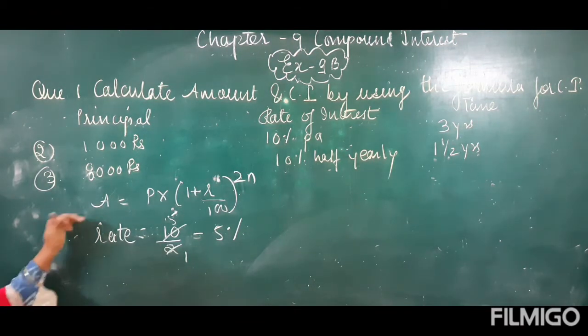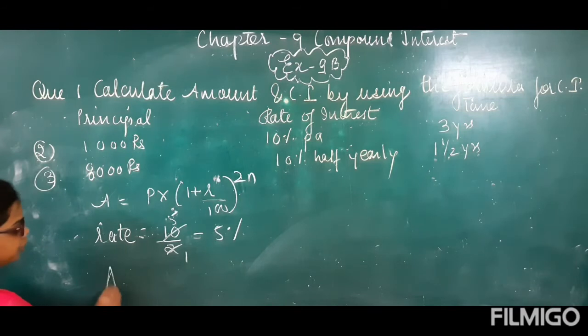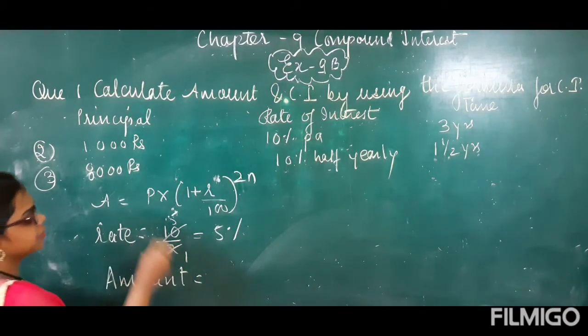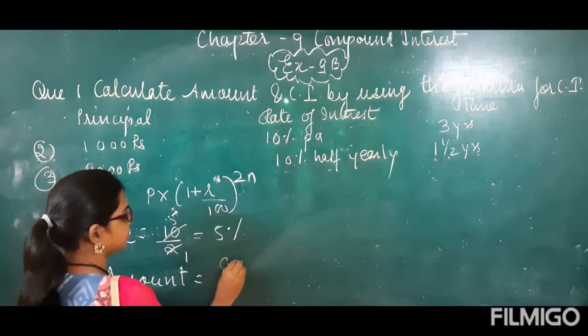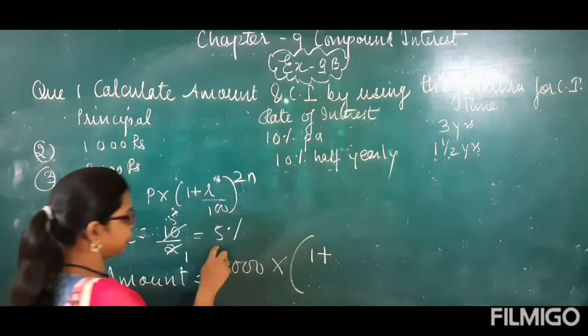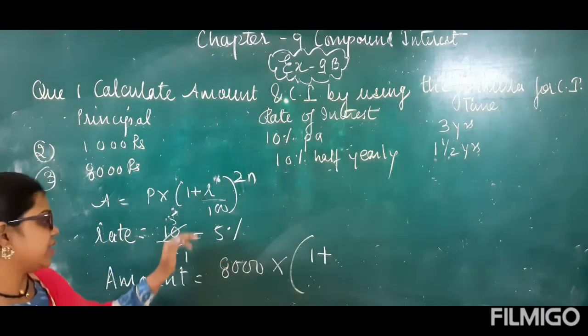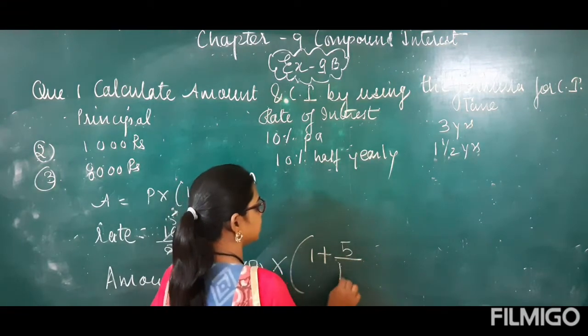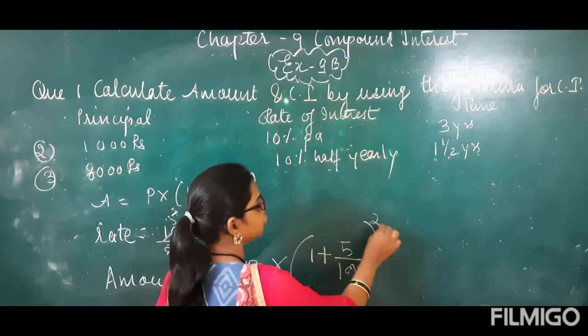Now on substituting the values in the formula, you will get amount is equal to, what is the principal here? 8,000 rupees into 1 plus r. This is half yearly, that's why I have divided by 2. So this will be 5 by 100 to the power 2n.